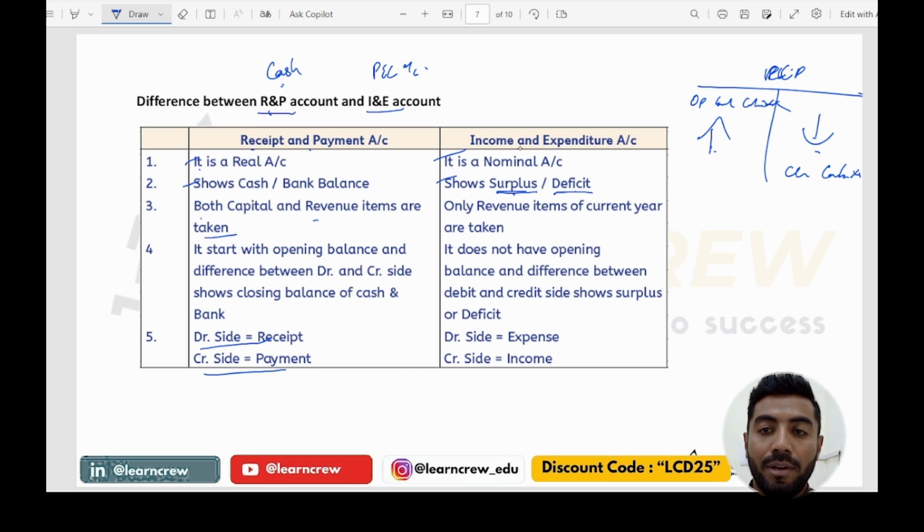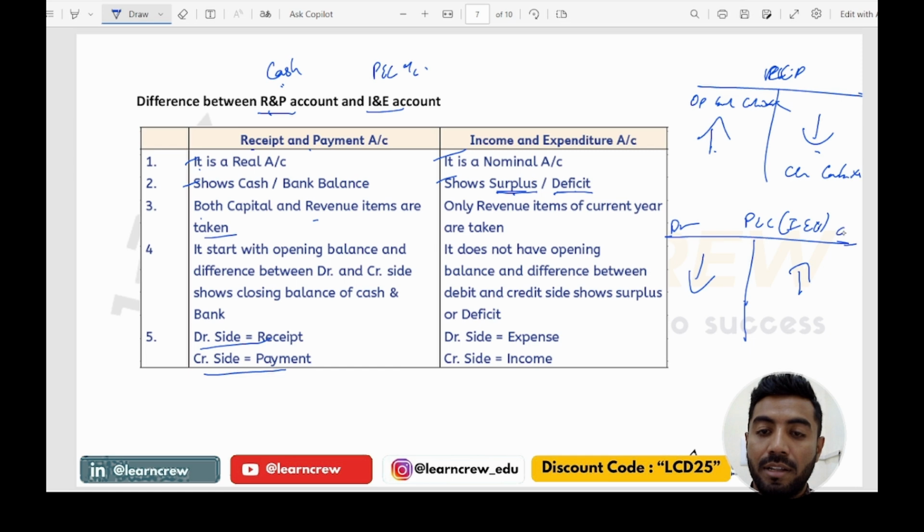Coming to the income and expense account, only revenue items are taken, similar to the P&L account. All the incomes and all the expenses will be recorded.